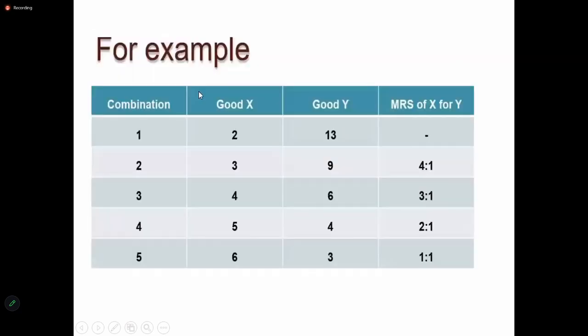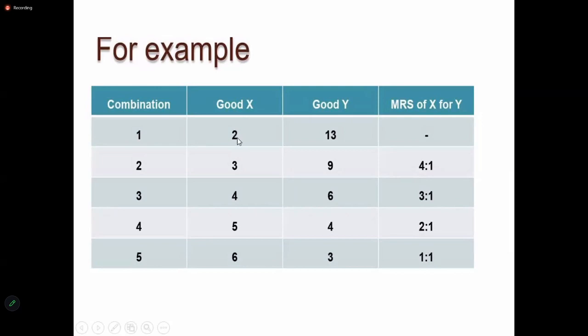For example, here you can see combinations of good x and good y. The difference is 1, 1, 1. To gain one x, how much good y should be sacrificed? Here good x is increasing, good y is decreasing.